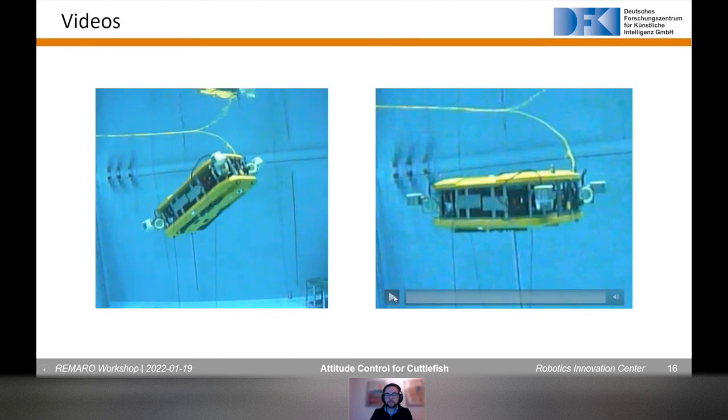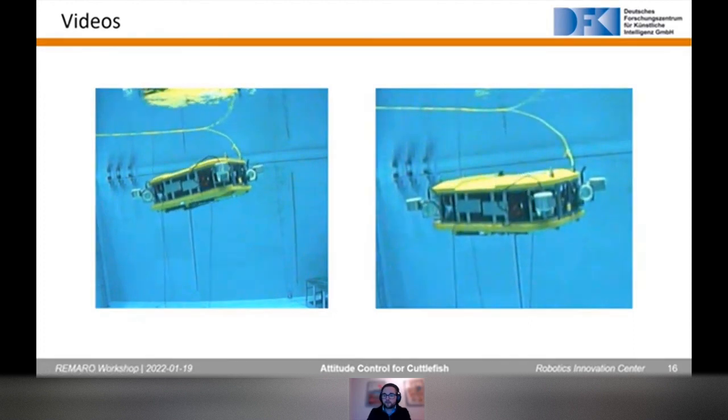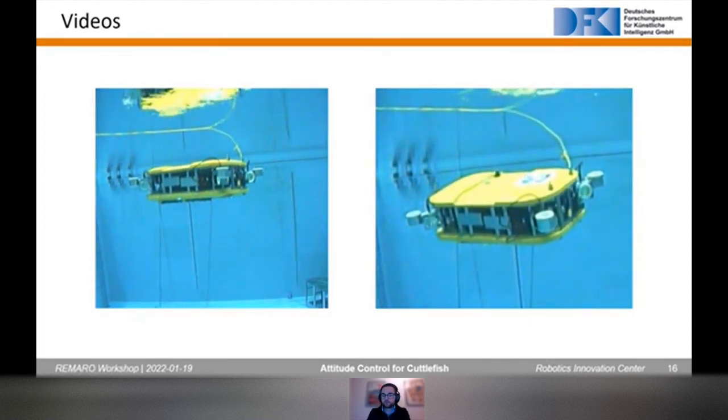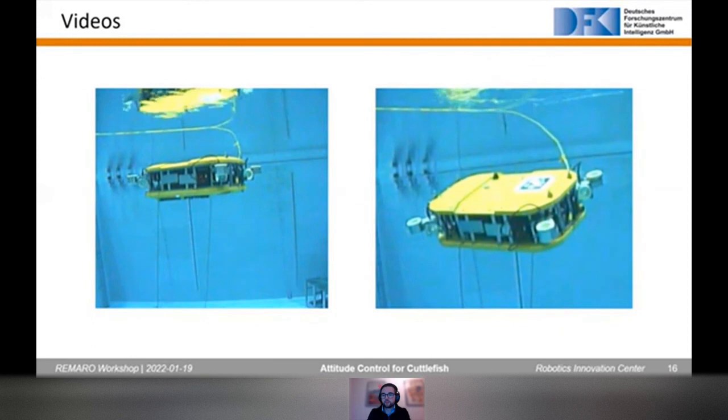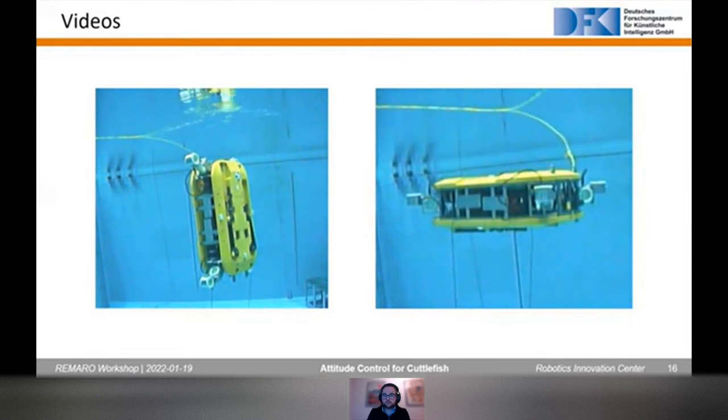In a similar way, we have the rotation in roll direction, where we can also assume various orientations. The thing is that the sensors are not really made for this.